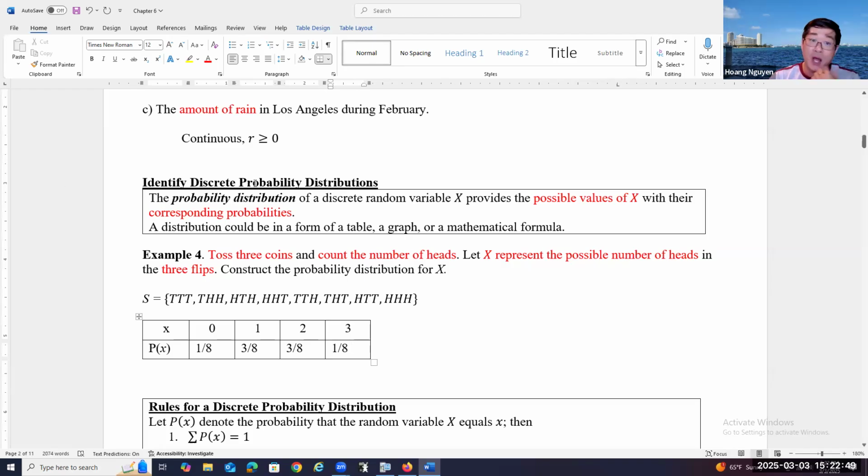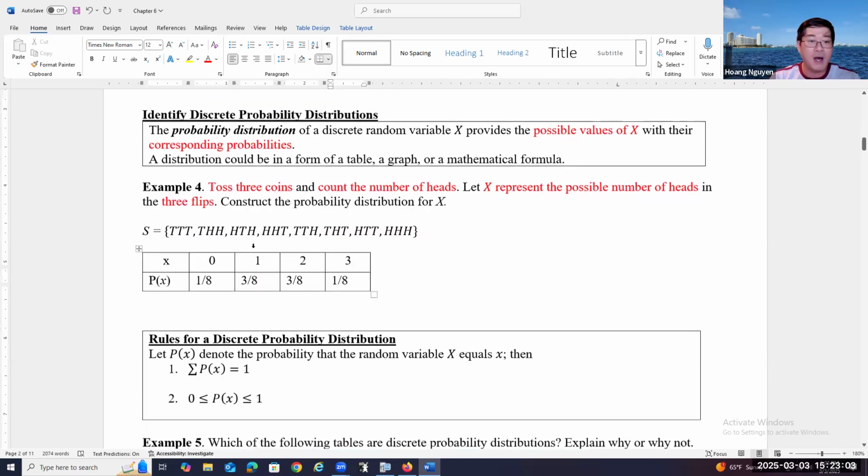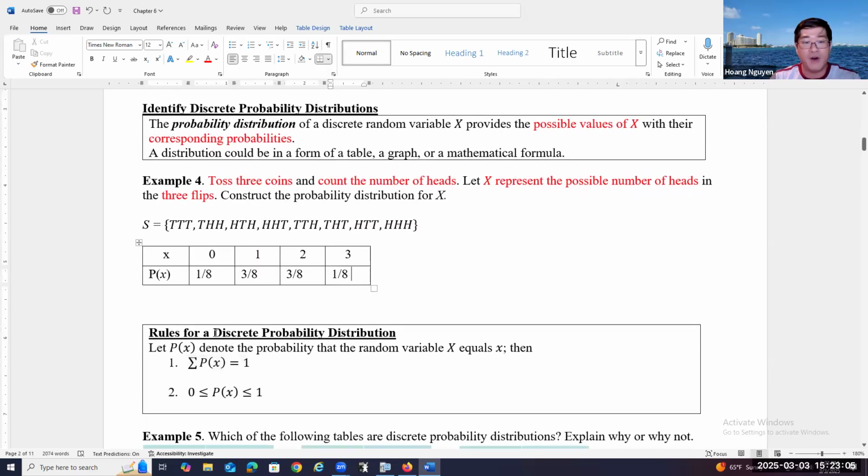Now, because this is a distribution that has probabilities, the rules for probability that we learned earlier apply to these probabilities. So what are the rules that we may apply for the discrete probability distribution?